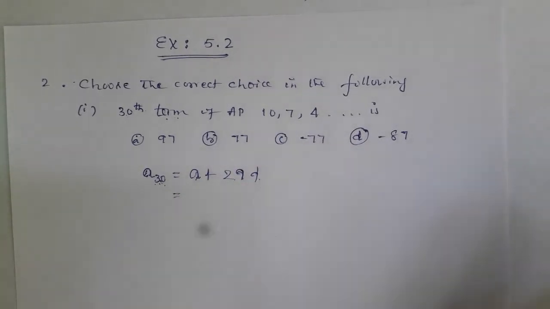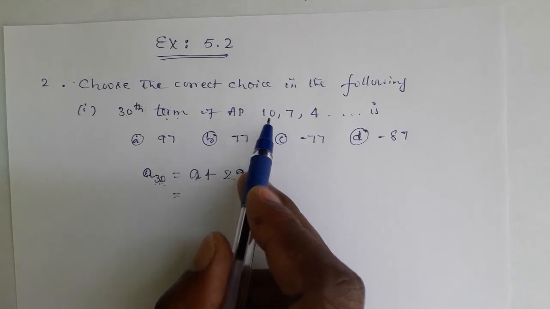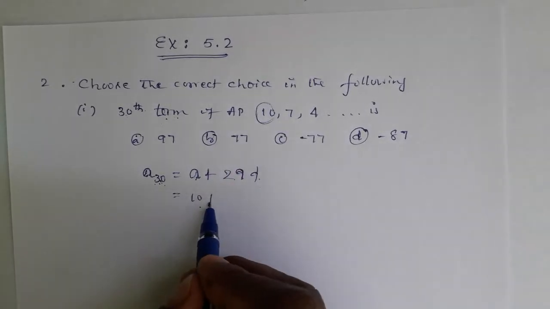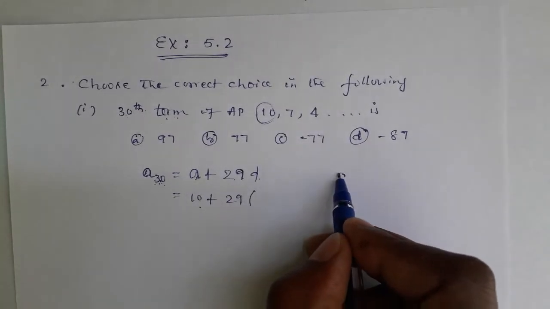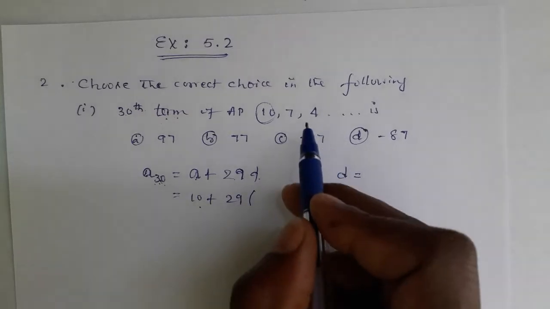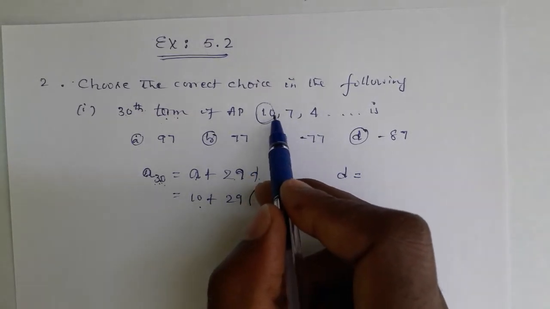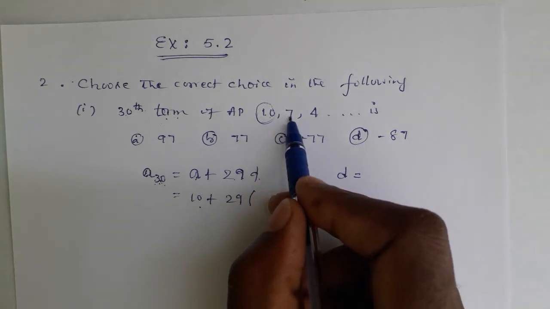Now, what is A here in that question? A is the first term, which is 10. So 10 plus 29 into D. But D is not found yet. Let us find D. D is always next minus previous. If a student writes 10 minus 7 is 3, that is wrong.